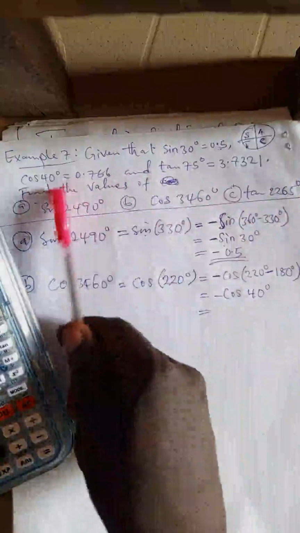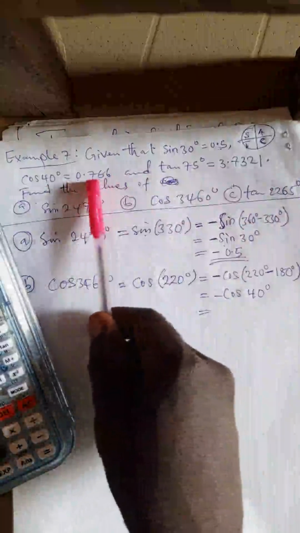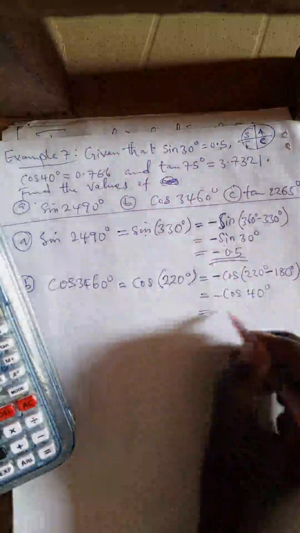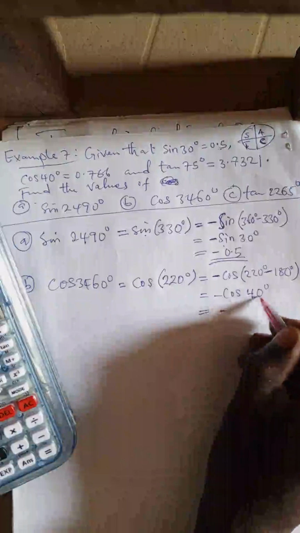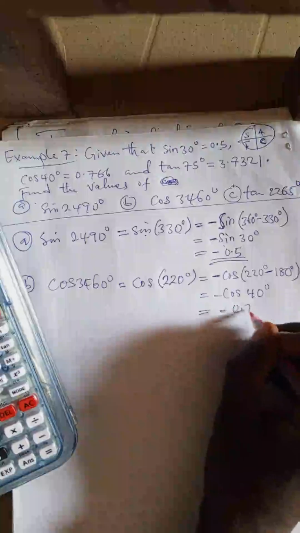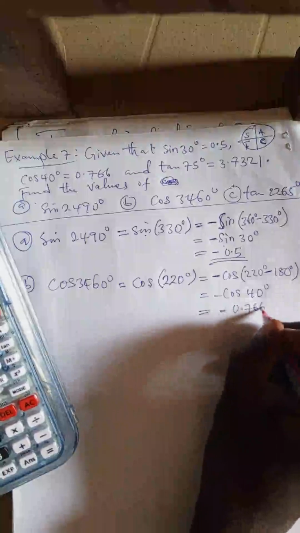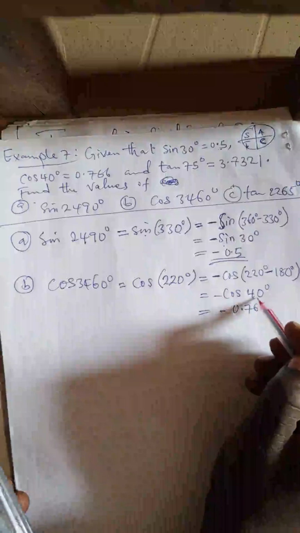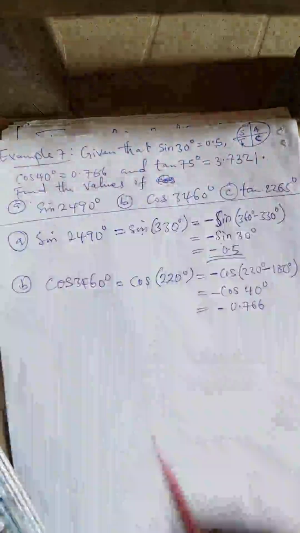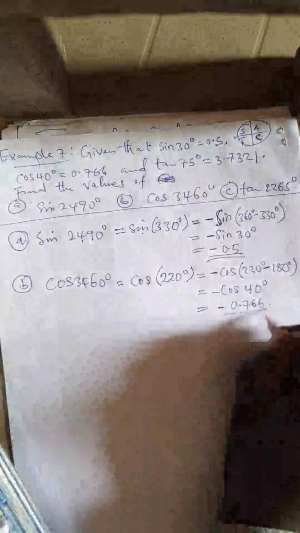But from the conditions given, cos 40 is 0.766. There is a minus sign, so put the minus sign. Don't press the calculator for the values of cosine. Use the values given here. Whenever you solve, check the values in the condition. And this is the answer.